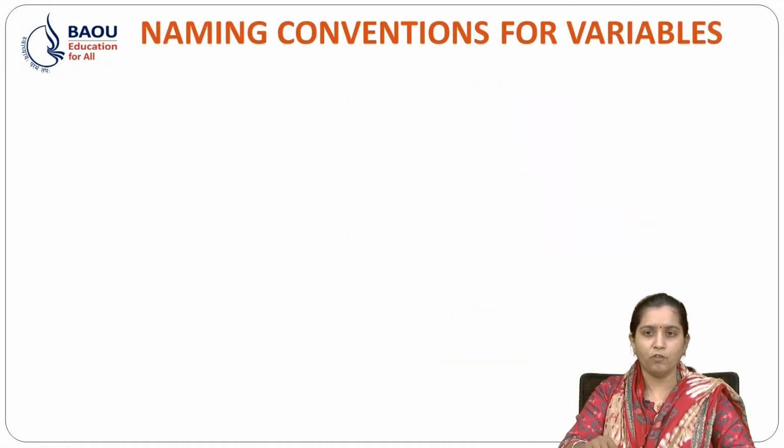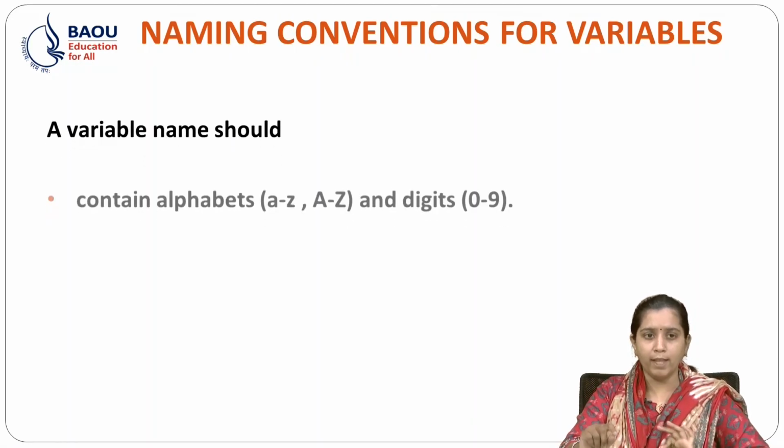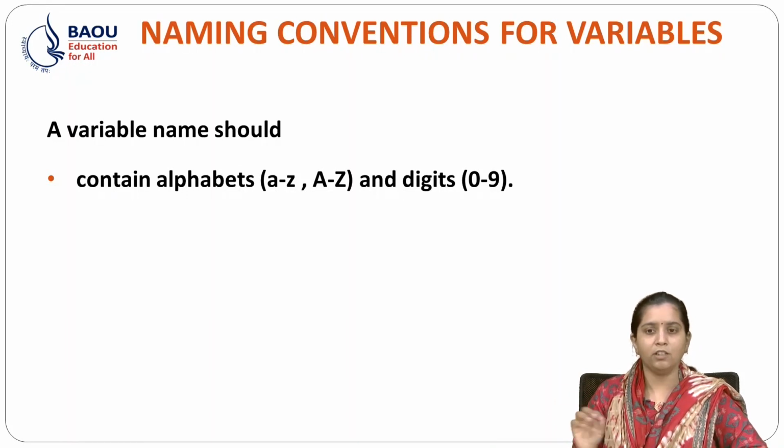Naming convention for variables. So this is the most important topic of this lecture. First is, a variable name should always contain alphabets from A to Z in lowercase or uppercase and digits from 0 to 9.